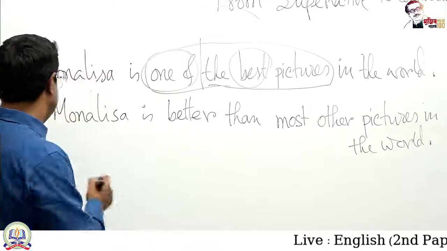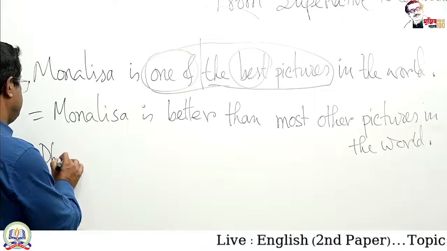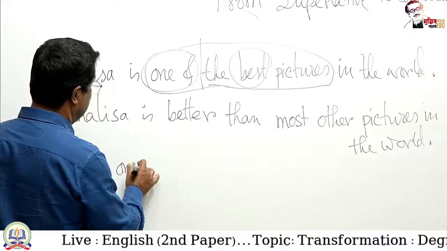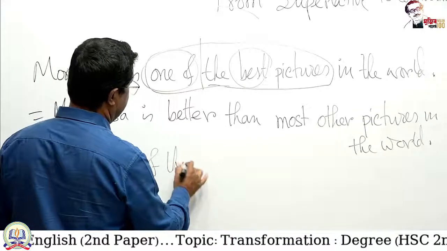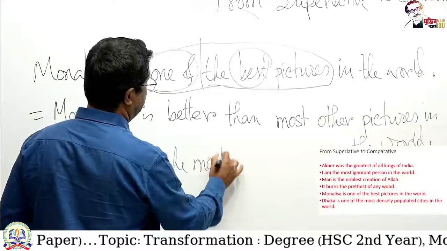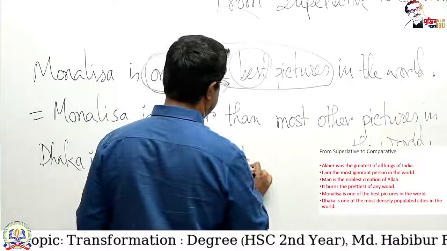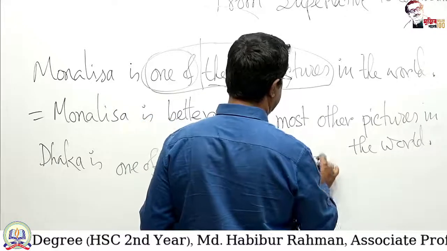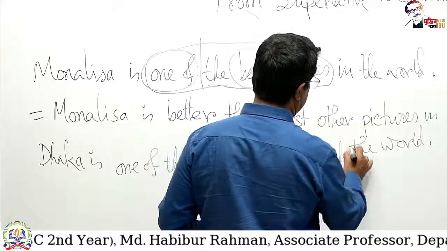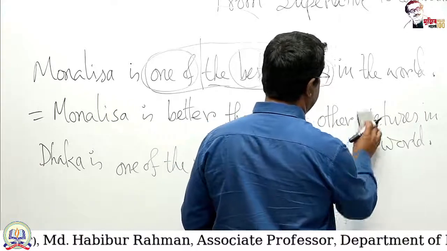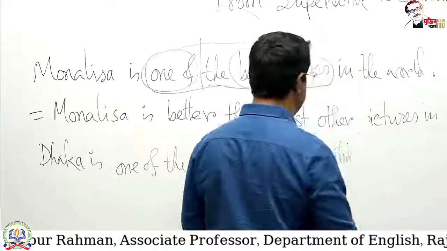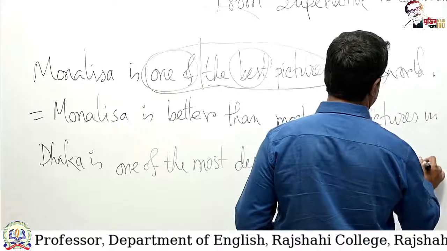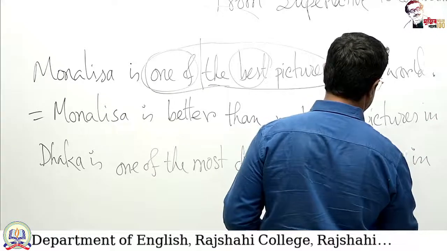Another example with the same structure, you can change this yourself. I am writing this. Dhaka is one of the most densely populated cities in the world.